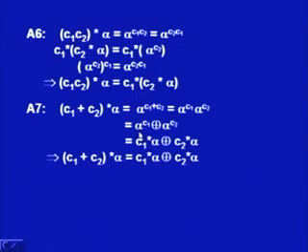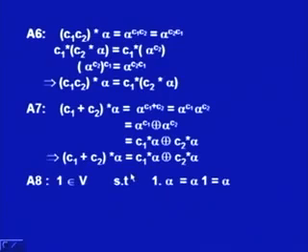This is the product of two numbers, alpha C1 into alpha C2, which is nothing but C1 star alpha plus C2 star alpha, and that proves the result that C1 plus C2 star alpha is equal to C1 star alpha plus C2 star alpha.